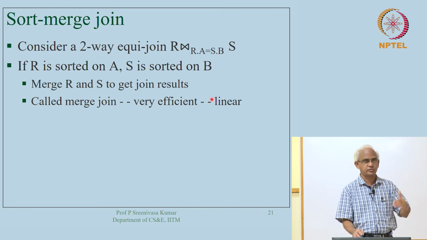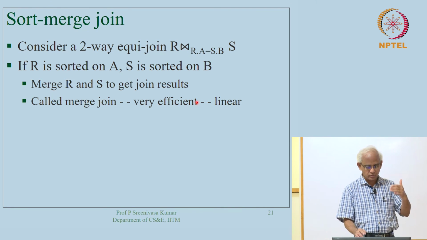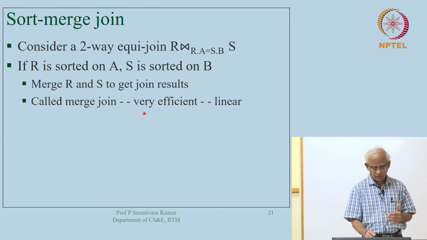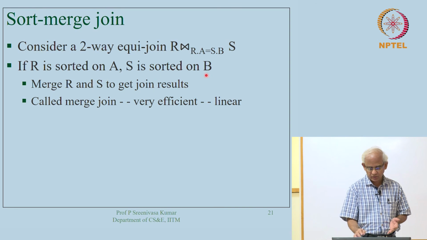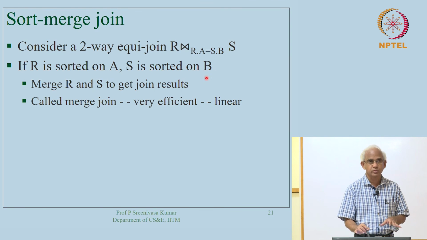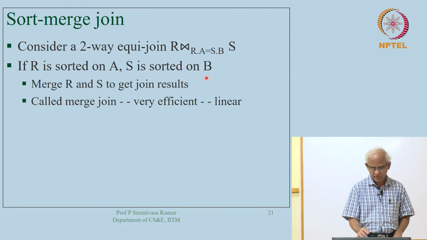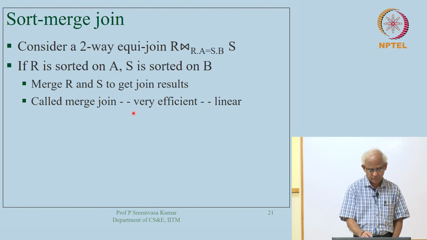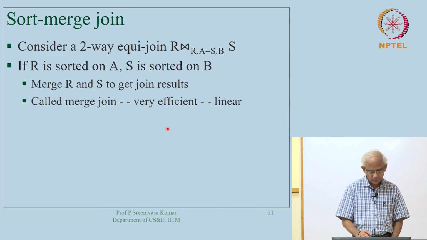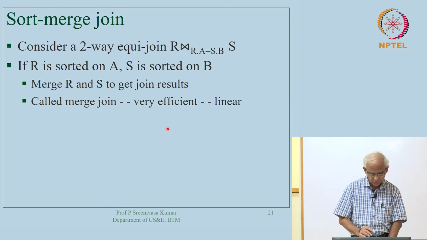The number of block accesses on R will be proportional to its size, and the same with the other file. So, you pay a linear cost for this merge join. Merge join can thus be used for producing join results.